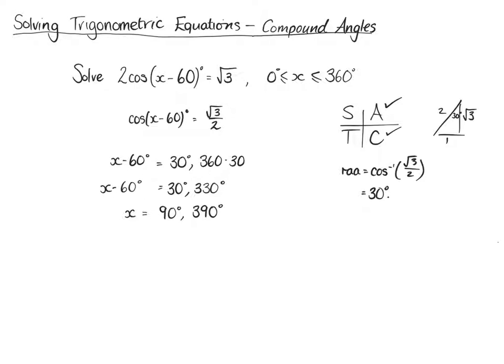Okay, and that 390 is outwith our range. However, if we think about just a cos graph in general, always linking this back to the graph, if one wave is in that 360 degrees, we're going to have two answers for our root 3 over 2. And we know that our wave just repeats every 360 degrees, so we can take away 360 degrees from this second one that's over our range to give us 30 degrees as well.